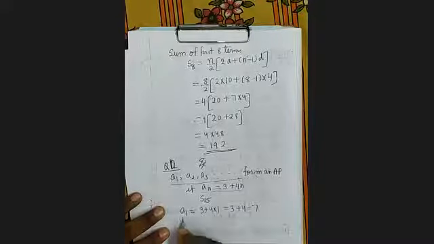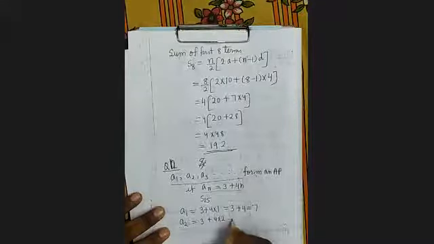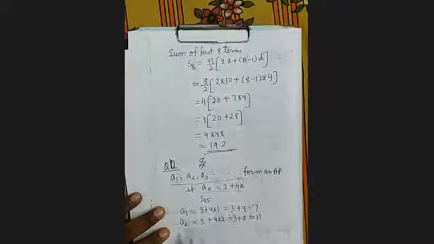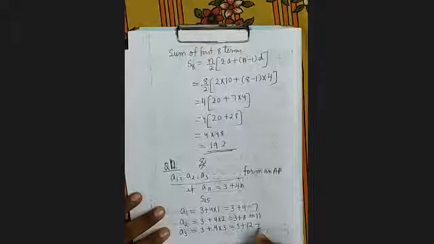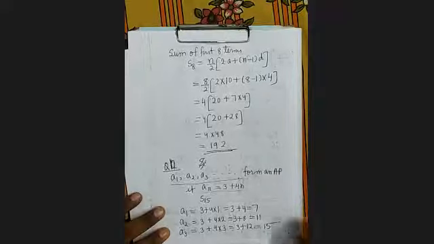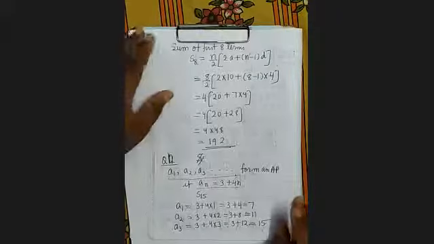What is a2? 3 plus 4 into 2, that is 11. What is a3? 3 plus 4 into 3, that is 3 plus 12, that is 15. So a1, a2, a3 you have found.